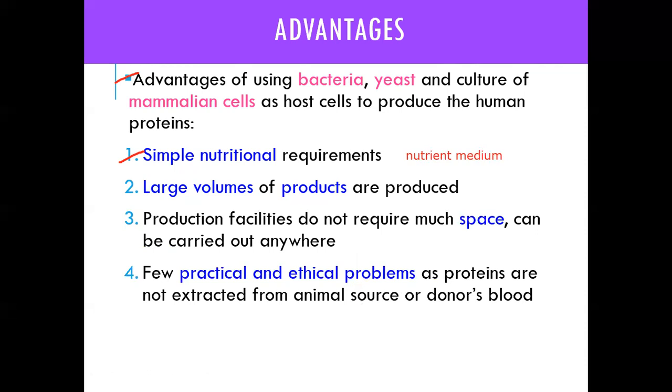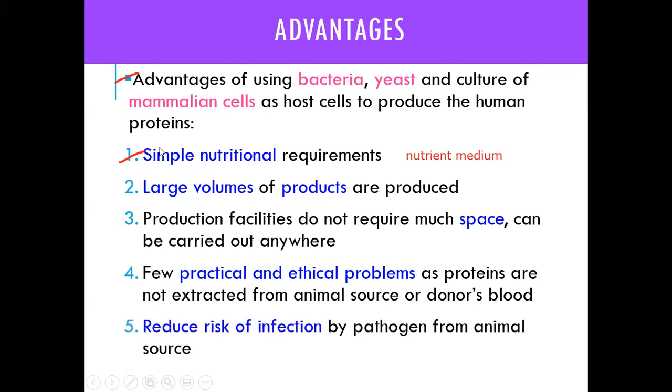And it's not obtained from donor's blood, which may contain, for example, if you want factor VIII from a donor who just got an HIV infection, the blood will contain HIV, so the HIV will be transferred together. We don't want pathogens to be transferred together with the protein. So that reduces the risk of infection.